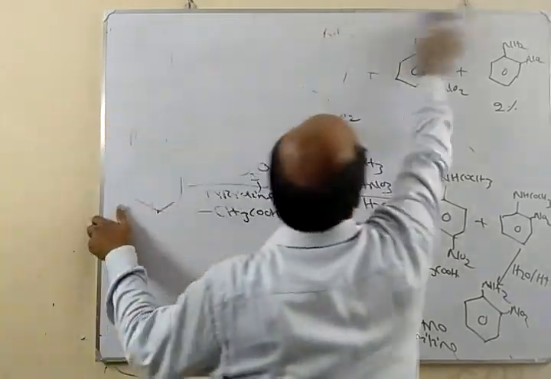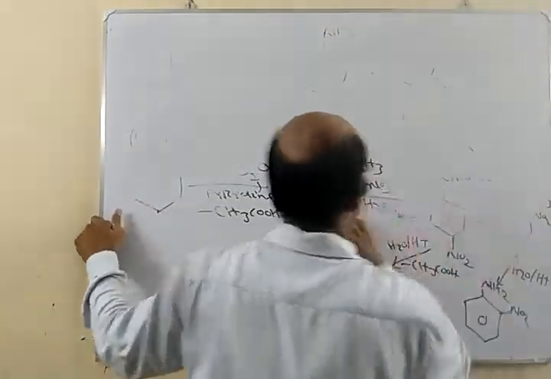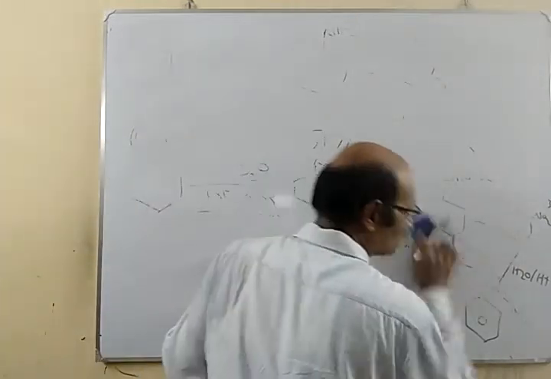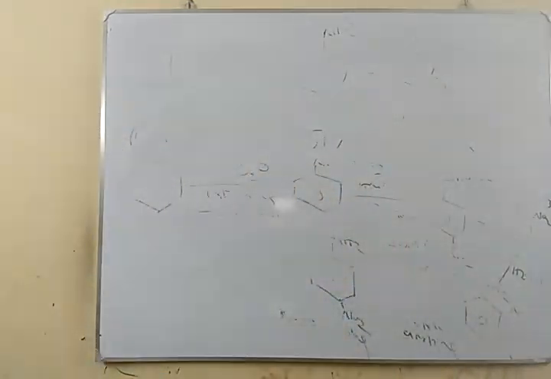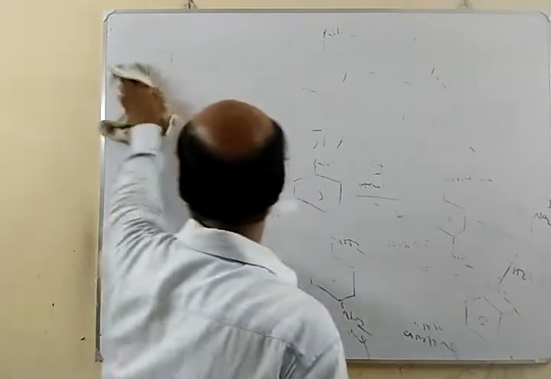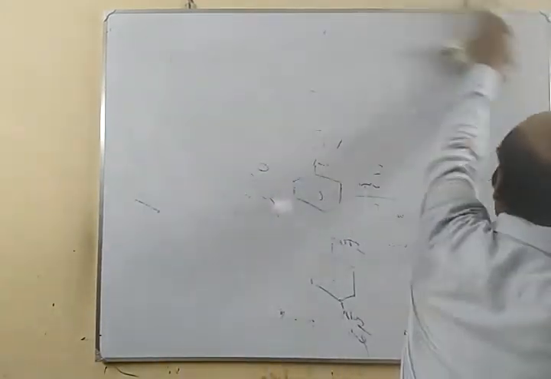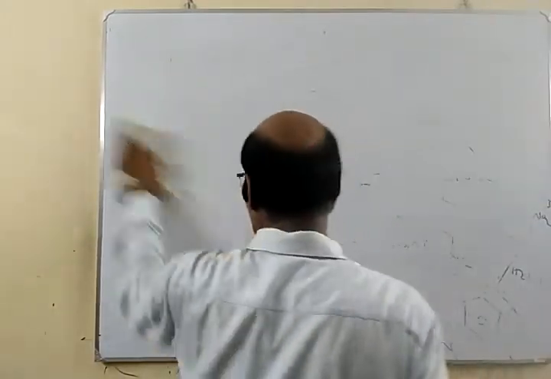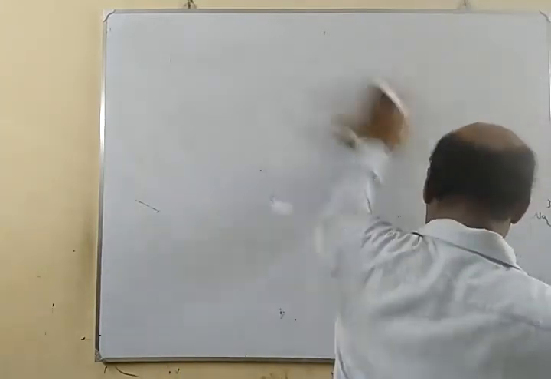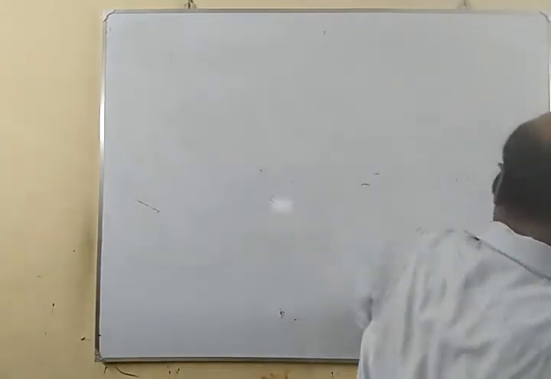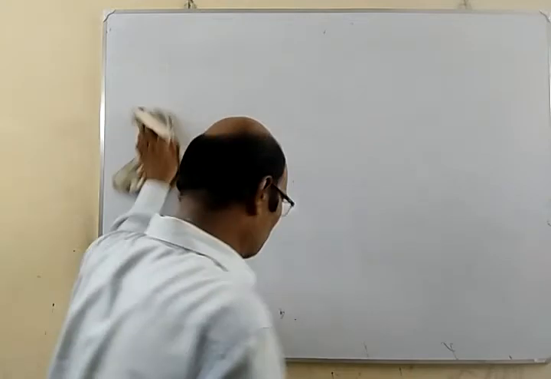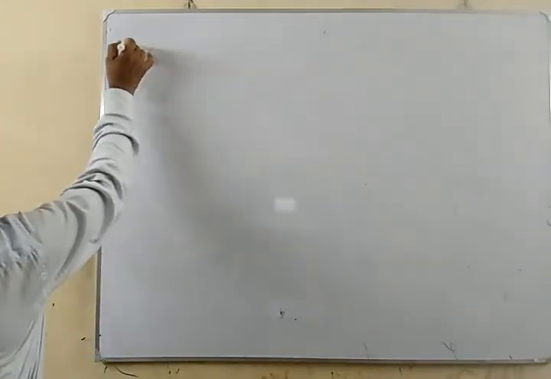For sulfonation, how can you go? Sulfonation you can do with concentrated sulfuric acid, where we get para amino benzene sulfonic acid or sulfanilic acid. Let's see sulfonation.